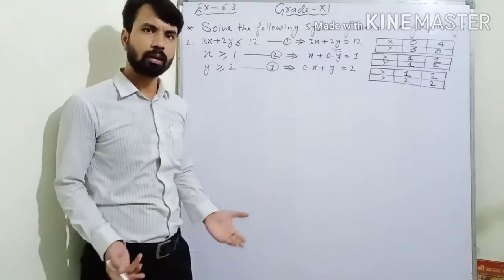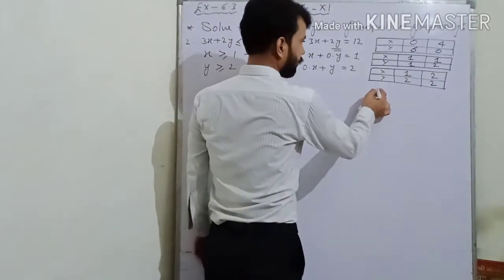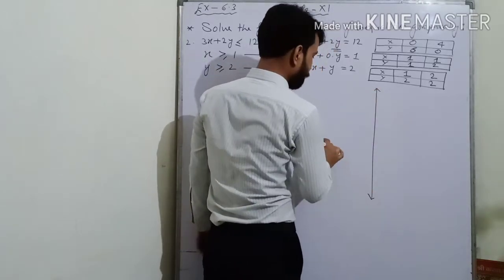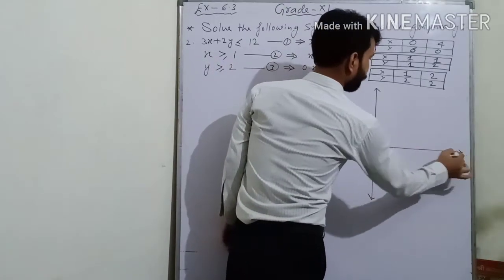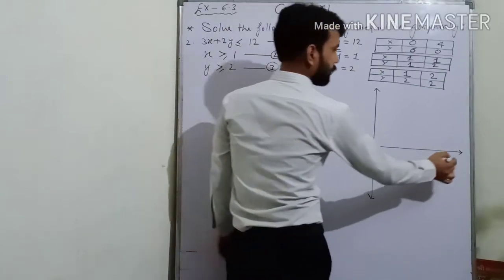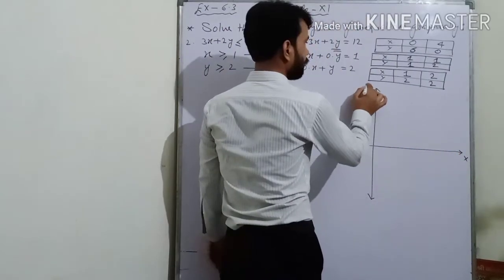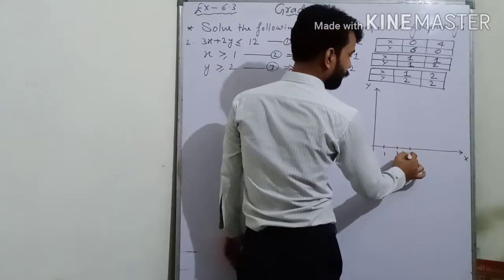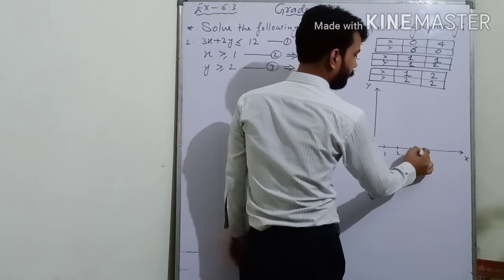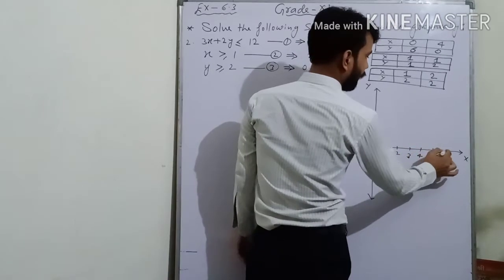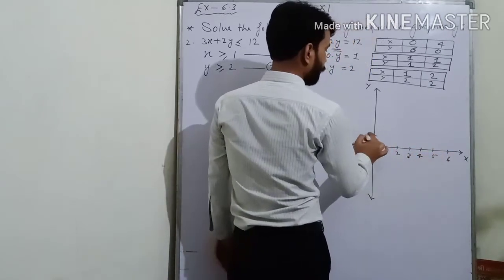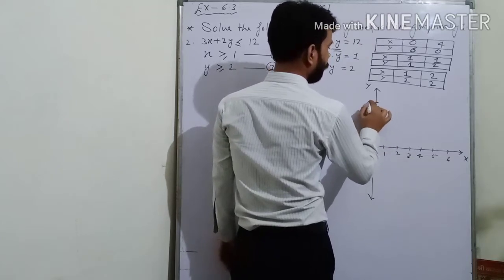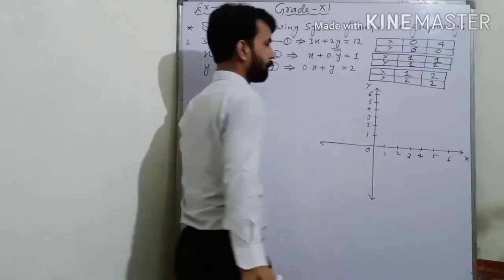Now we will have to plot the graph. So this is the y-axis, this is the x-axis, x, y, origin, 1, 2, 3, 4, 5, 6, and 1, 2, 3, 4, 5 and 6.